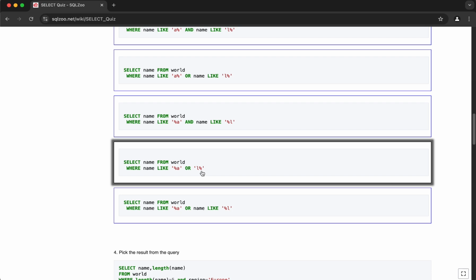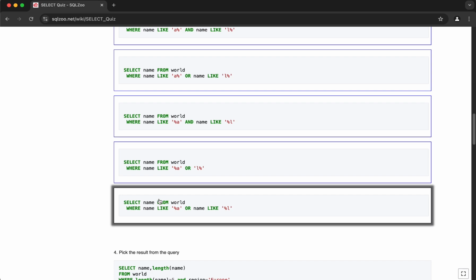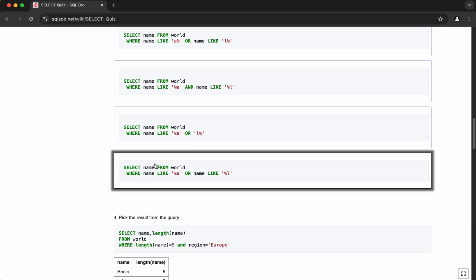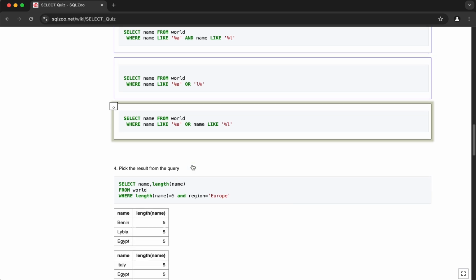We're asking if the name ends in A or ends in L. Let's look at the last option. Select name from world where name like, ending in A, or, perfect, name like, ending in L. So this is going to be the correct answer.